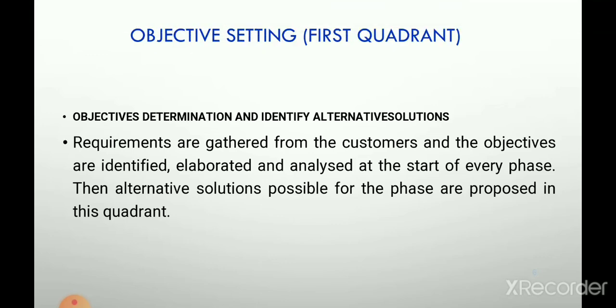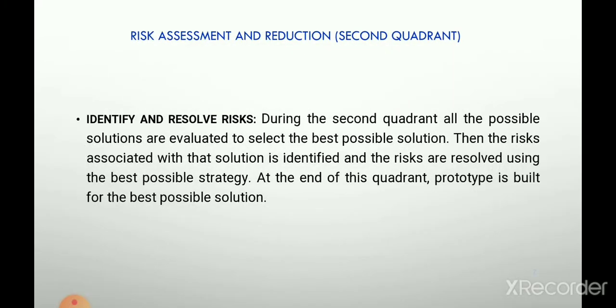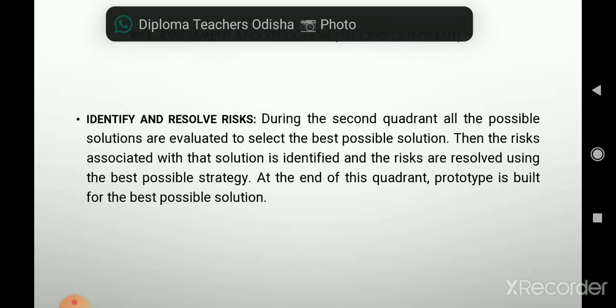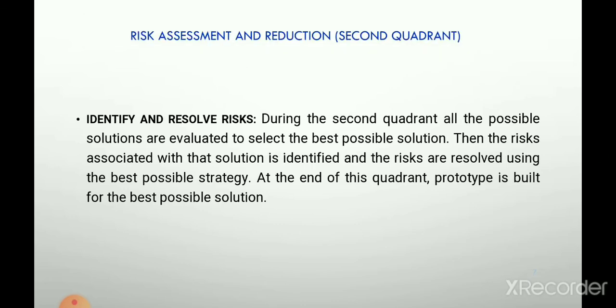Then the next quadrant is identify and resolve risk. During the second quadrant, all the possible solutions are evaluated to select the best possible solution. Then the risk associated with that solution is identified and the risks are resolved using the best possible strategy. At the end of this quadrant, a prototype is built for the best possible solution.